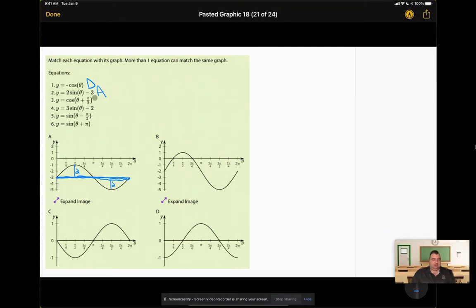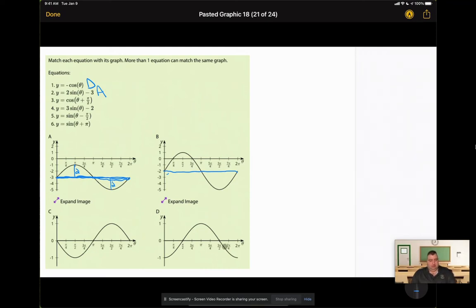And since there's nothing after the parentheses, the midline should be 0. Okay. So, for example, A can't be the answer to number 3 because it doesn't have a midline of 0. B can't be the answer to number 3 because it has a midline, it looks like, of -2.